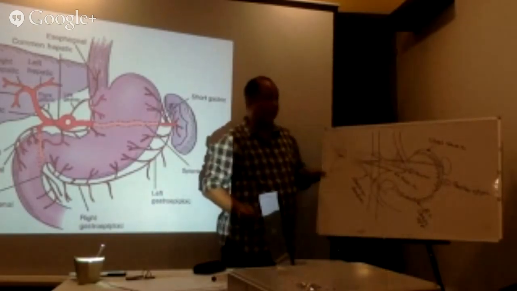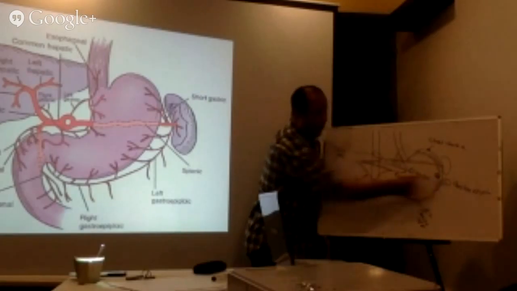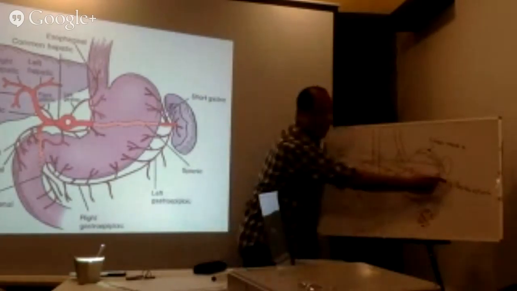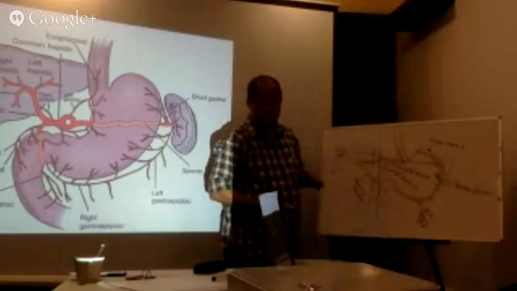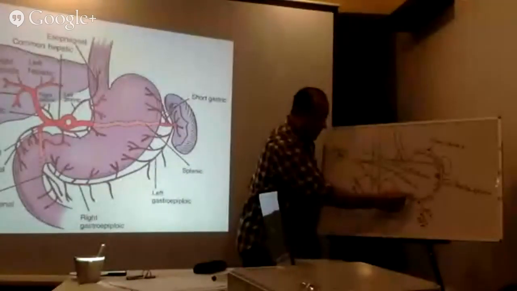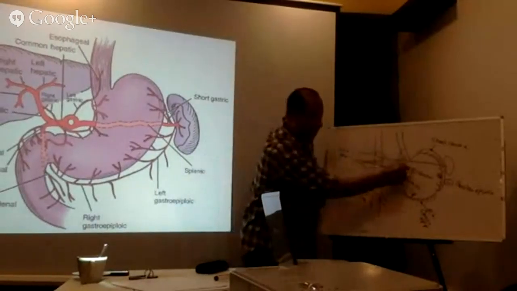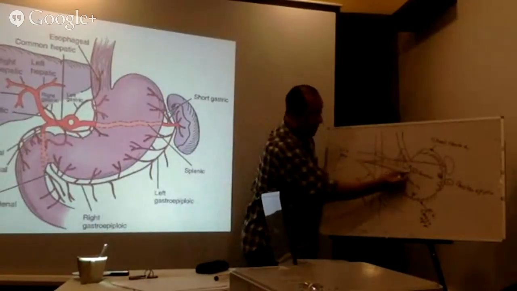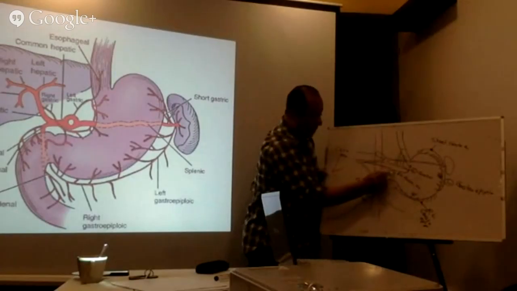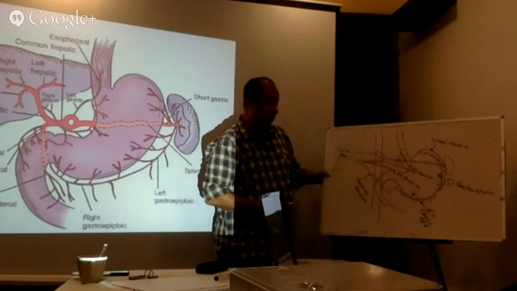So what does it mean? If you have a patient with an ulcer here, and this ulcer is bleeding here, it comes from the left gastroepiploic artery. If we have a patient with a gunshot here, and the patient has bleeding here, from the right gastroepiploic artery. If we have a patient with an ulcer here, the bleeding comes from the left gastric, or if we have a problem here, from the right gastric artery.